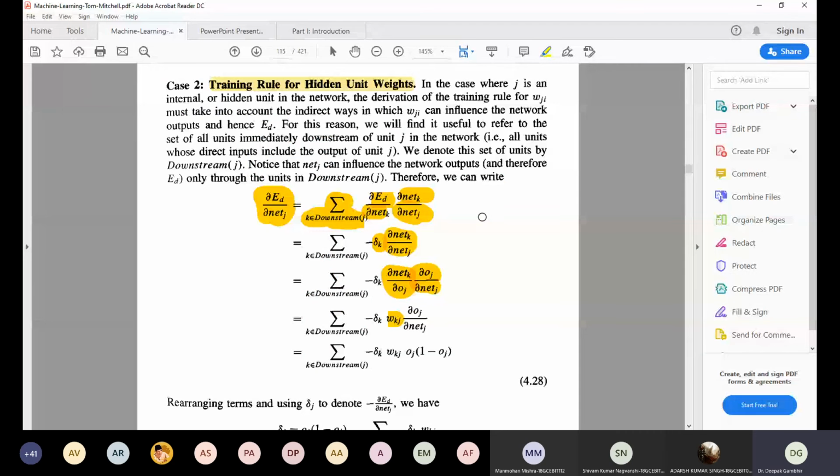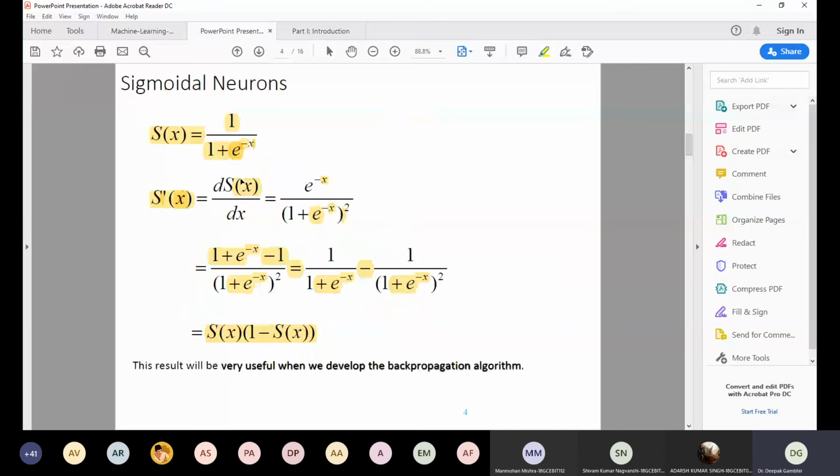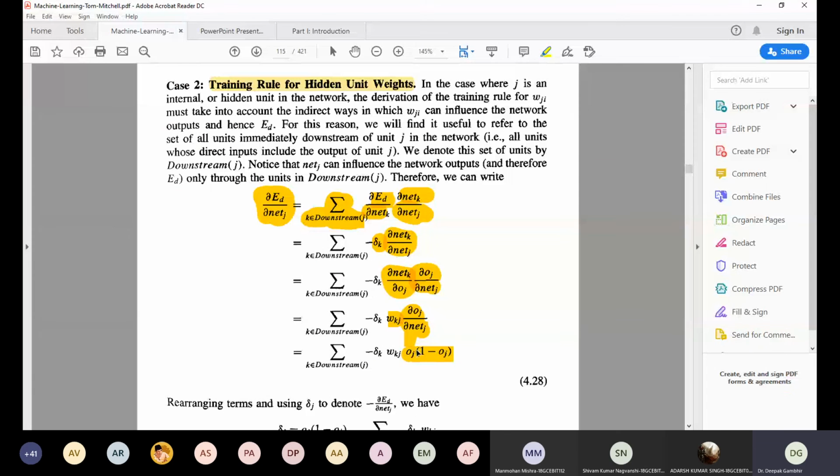So this will be left with wkj, and the partial derivative of O with respect to net j, the output of this function, is nothing but again the same sigmoidal function that we have seen here, and the sigmoidal function's partial derivative is s(x) times (1 minus s(x)). So in this case this is oj times (1 minus oj).